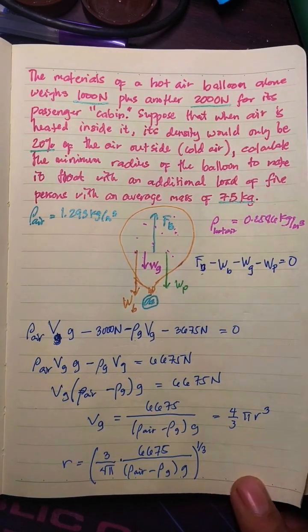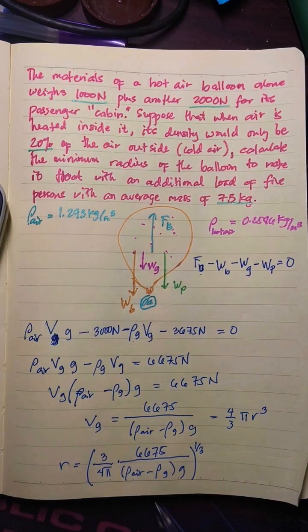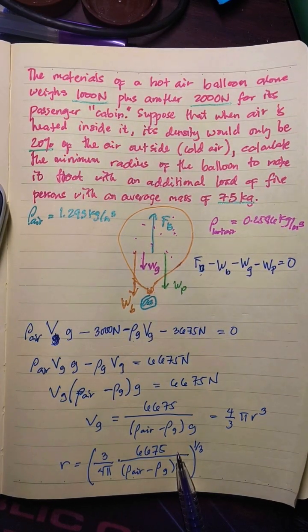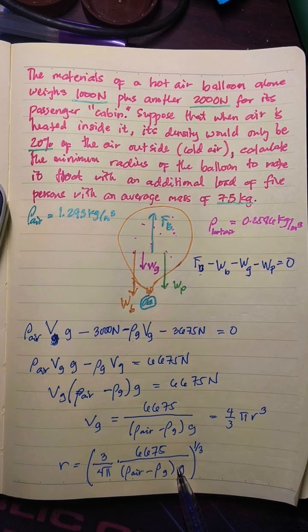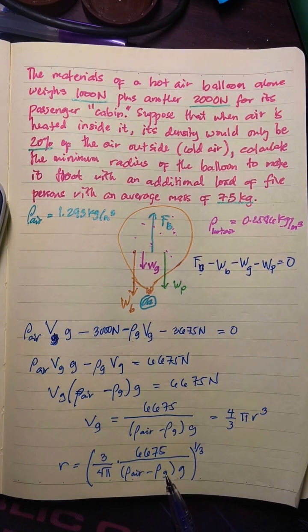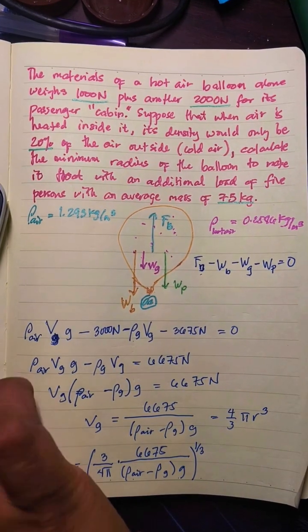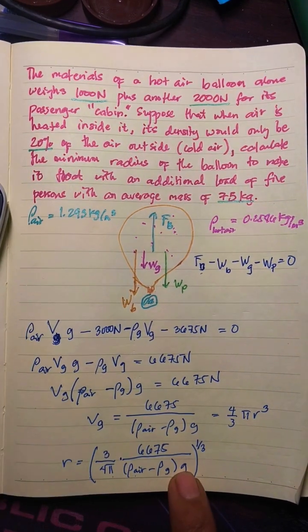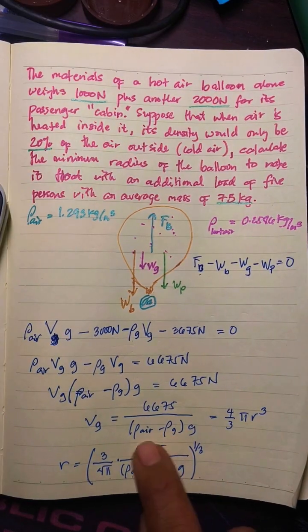Now I can put in all the values, because all the units are now compatible. This is in newtons, this is in kilograms per cubic meter. Whatever this is, the unit will be in meters, because this whole thing here is in cubic meters.